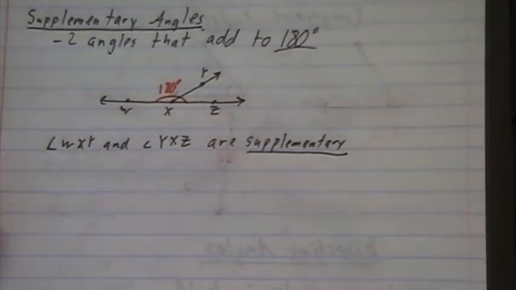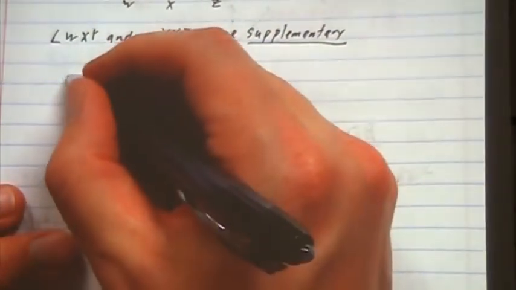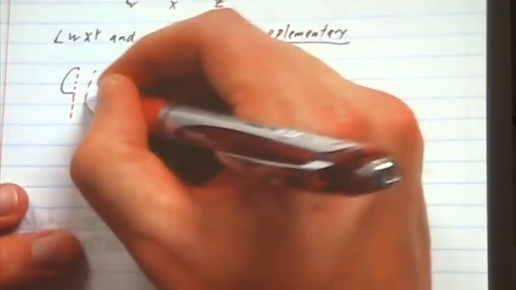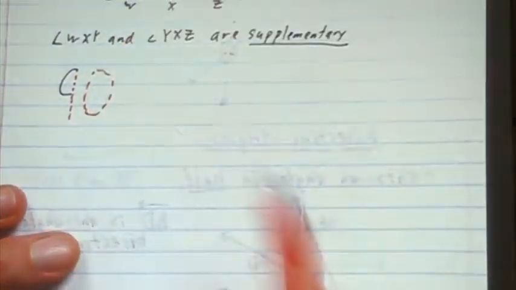And if you want a quick trick to remember how many degrees complementary is and how many degrees supplementary is, if you draw a C, and then you go straight down, you got a 90. So C can turn into a 90, not bad. And watch what happens with supplementary.